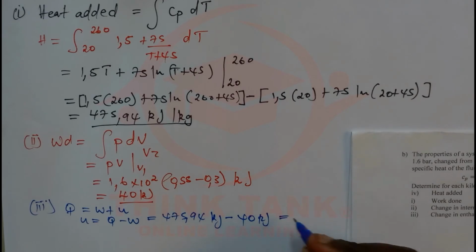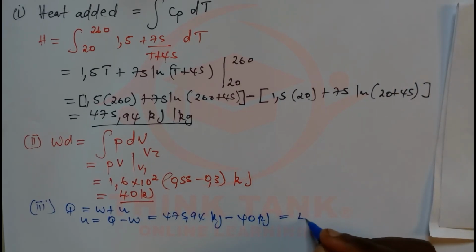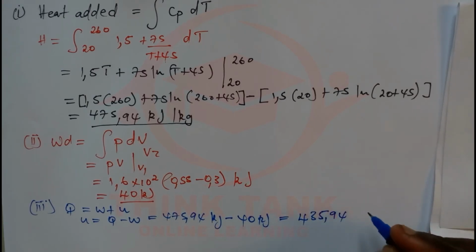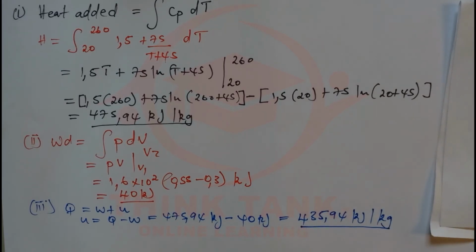If we do that, we're going to get 435.94 kilojoules per kg. That is going to be the answer.